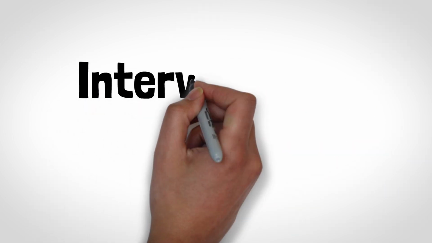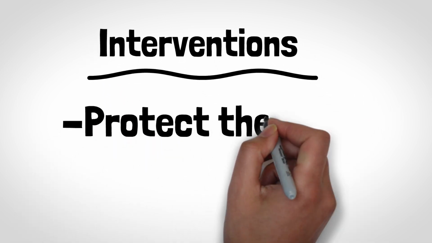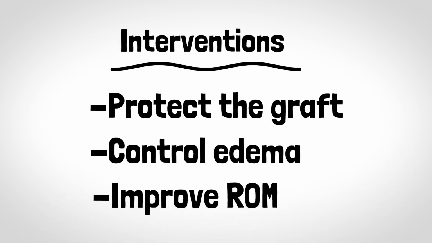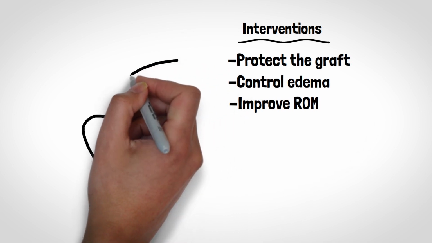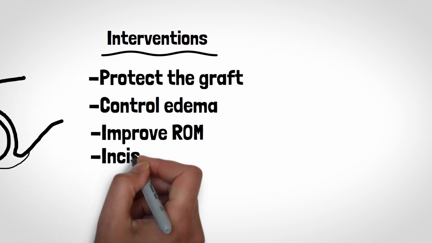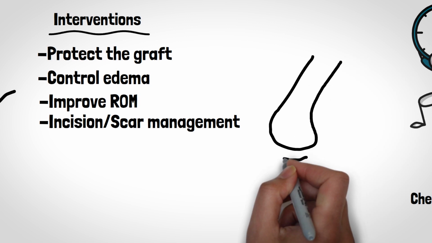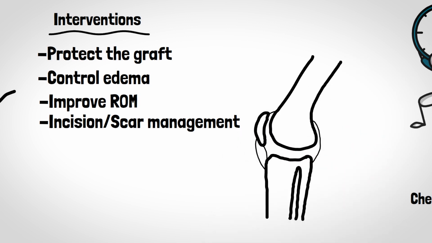Let's talk interventions. There are quite a bit of interventions that we're going to be doing, so let's just start from the top. Initially, you want to be protecting the integrity of the graft, controlling the edema, and improving range of motion. Those are kind of the feel-good things, except the range of motion, because a lot of patients find that uncomfortable, but it's very important. Incision and scar tissue management is also something that can increase sensitivity for the patient.